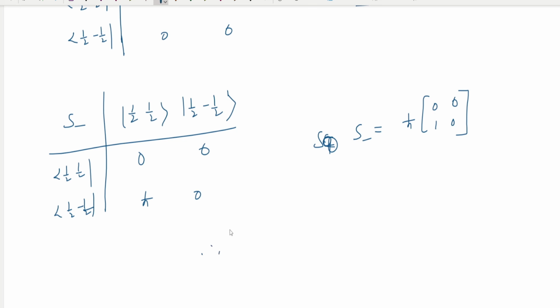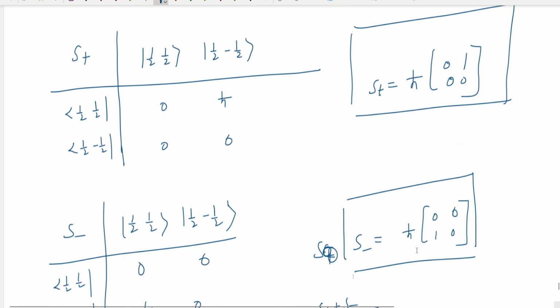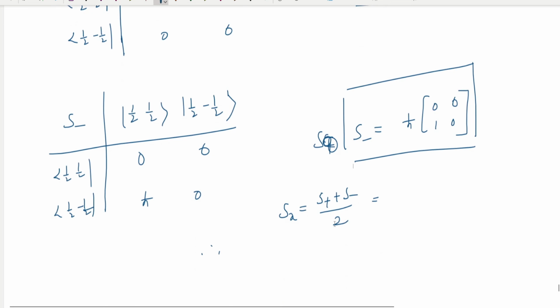So if you want to know Sx, what is the formula of Sx? S plus plus S minus divided by 2. If you add S plus and S minus, you get Sx equal to h cross divided by 2 times 0, 1, 1, 0.